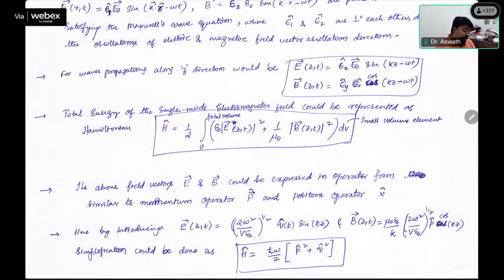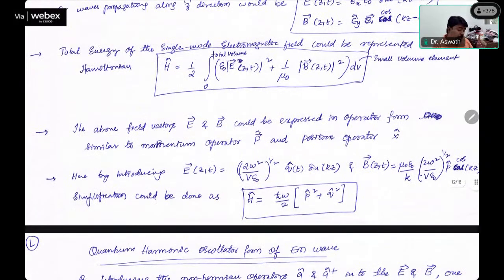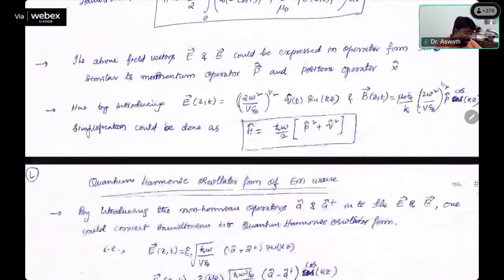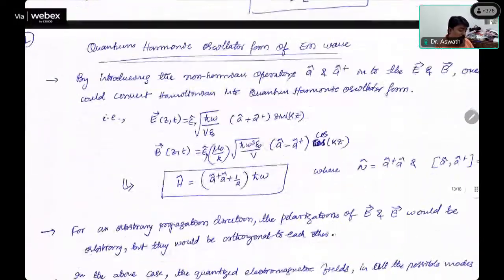Now you see this electric field and magnetic field coming into the total energy. The moment I use the earlier conversion, you remember, I used momentum in the simplest form and position in the simplest form. If you introduce those conversions, I see the total energy of this electromagnetic field becoming just like an electron's energy, in terms of p square and q square.